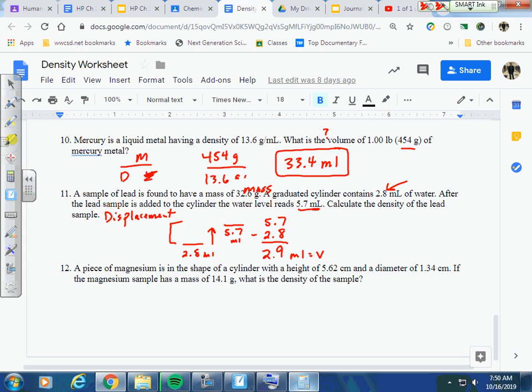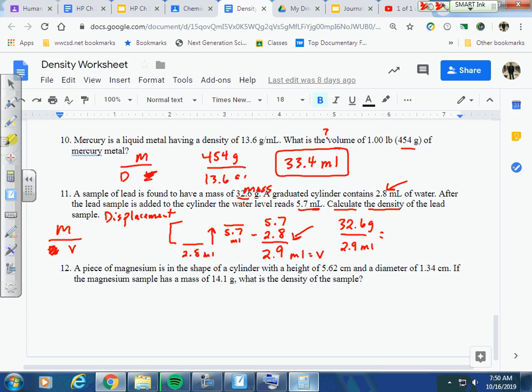They want us to calculate the density, so we're finding density. So in our triangle here, we're calculating density, so we just need to make sure we have the mass, which we do. It's 32.6. So I'm going to go 32.6 grams over the volume of the object, which we found by displacement is 2.9 milliliters.